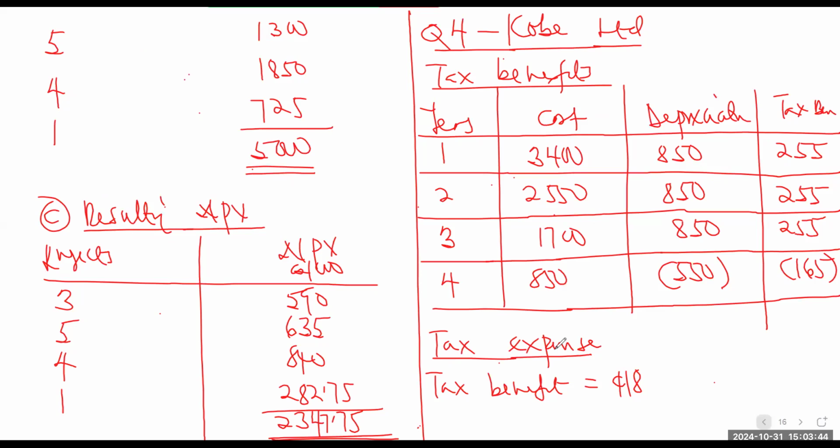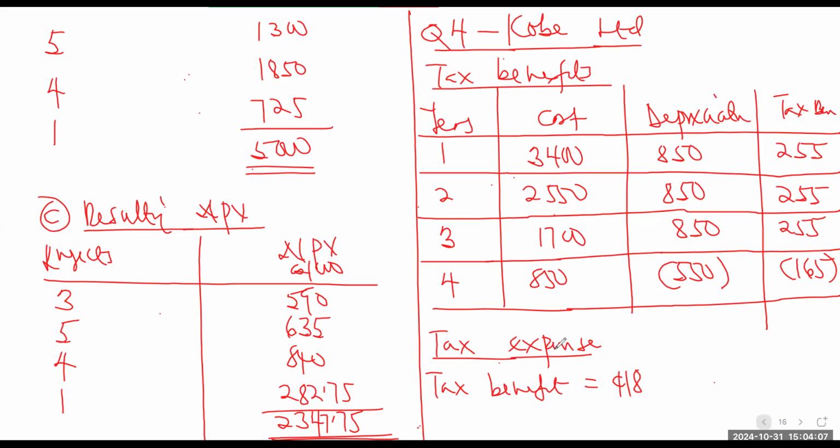So what will be your total tax benefit in the first year? Yes, that's what I'm asking. What will be your tax benefit in the first year? Mention the figure. What will be your total tax benefit in the first year? 18 plus any of these figures.